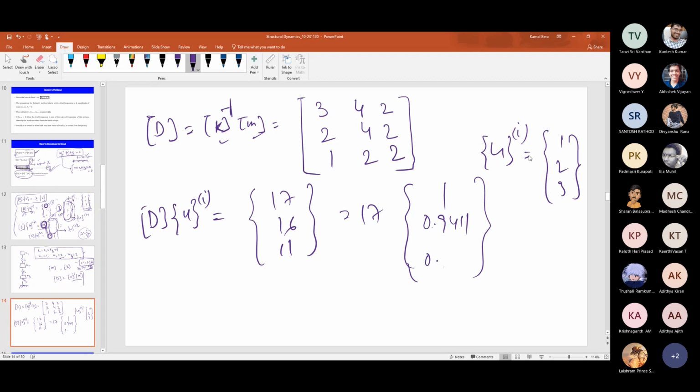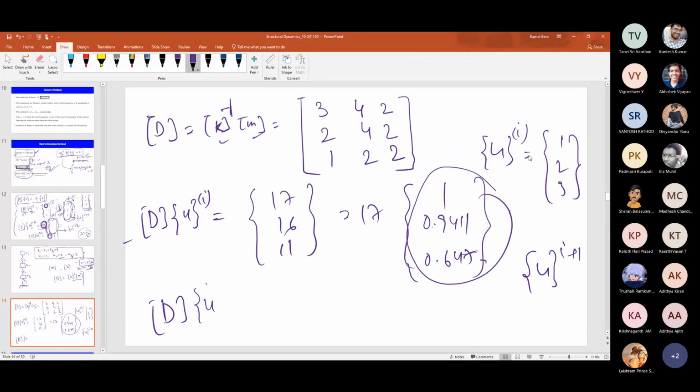Next one, 0.647. Now this is multiplied by D. This will be your U_(i+1). So D into U. I am writing 1 here, this will actually be your 2. So you do it. Now what did you get here? Tell me.